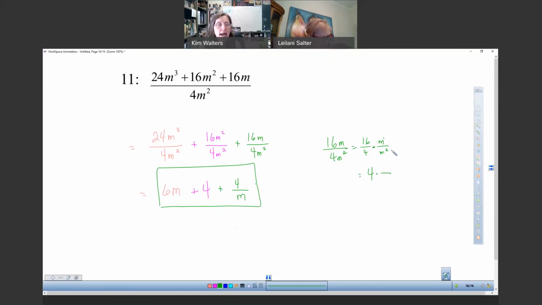So think of it like this. This is m, and then m to the second is m times m, right? So I have 4, and this m divides into one of these and leaves me with a 1 over m. And then I'm just going to rewrite this so 4 is in the numerator. Does that make a little bit more sense? Or you can think of it as subtracting those exponents.